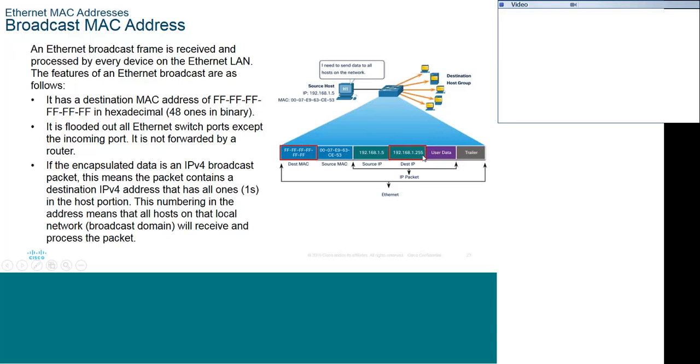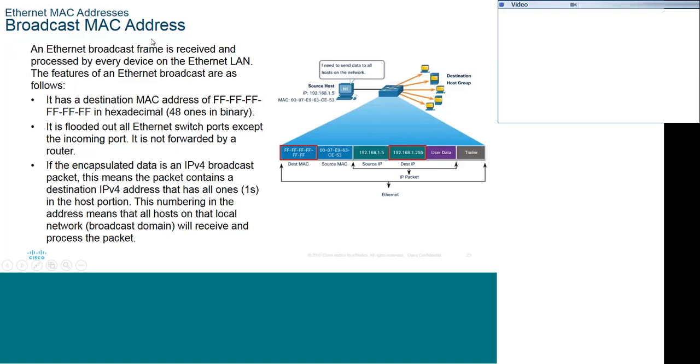When you see this kind of address, either as the MAC destination address or the IP destination address, with all F's and all host bits 255, it means we have a broadcast address. This address will be forwarded to all devices on this network.